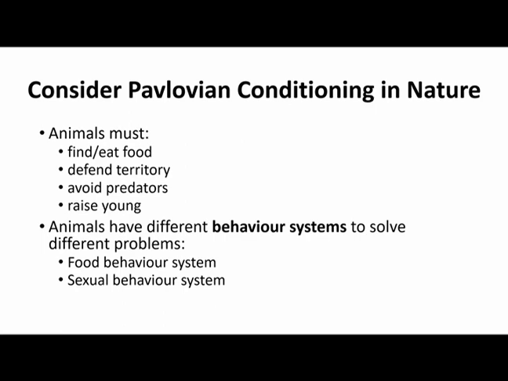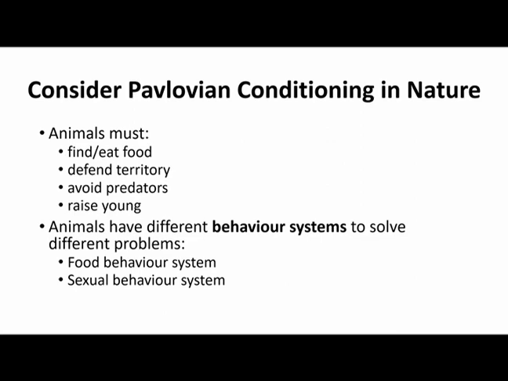So we talked about search behavior in squirrels looking for nuts, where early on they would engage in general searching behavior, and then once they find the right tree, they would engage in more specific searching behavior, and then once they found an acorn, they would engage in very, very specific behavior to open that nut and eat that food. That's when we were talking about modal action patterns.